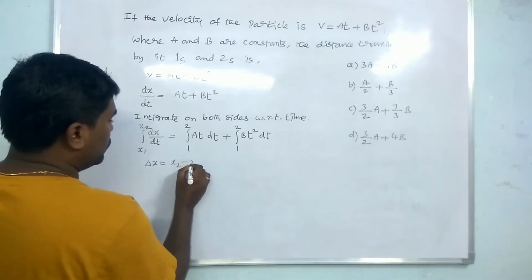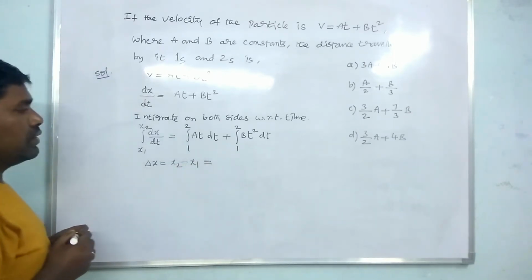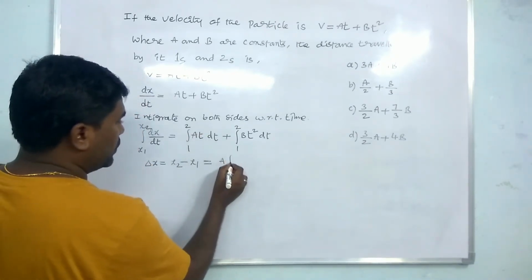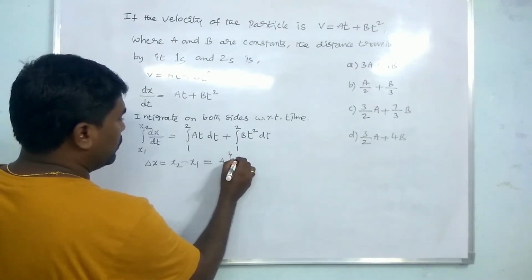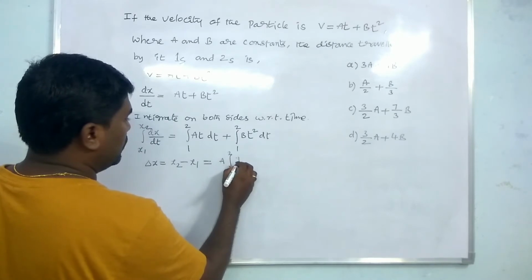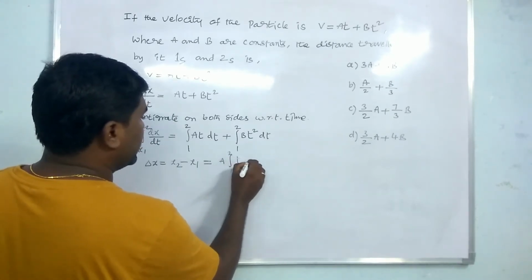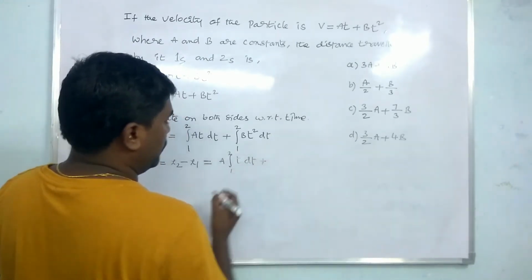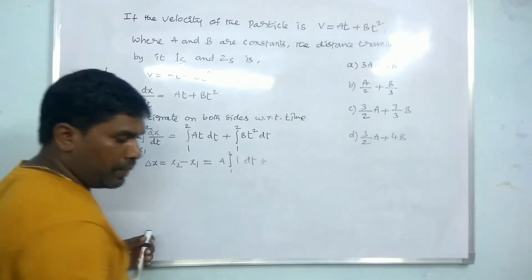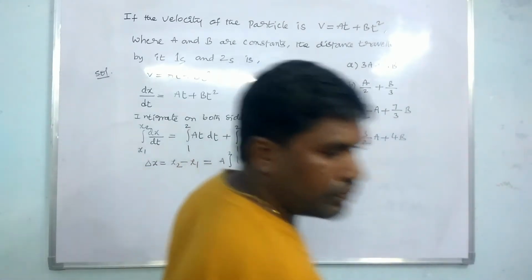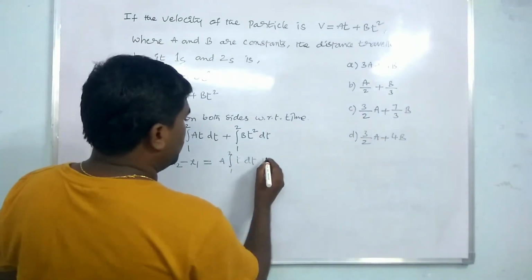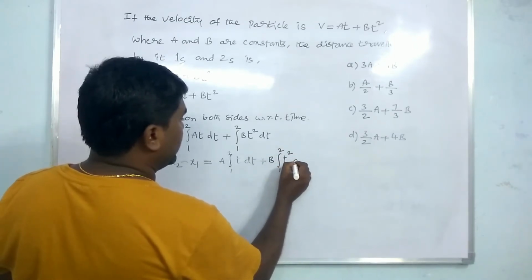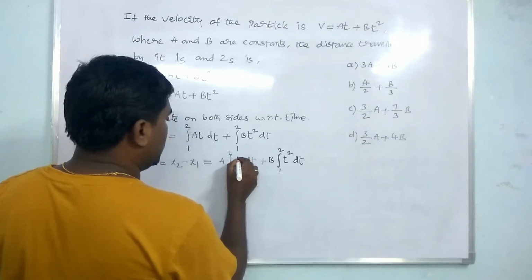Here a comes outside, and in the integral there is only the t term, so it is integral of t dt, plus b comes out, integral from 1 to 2 of t square dt.